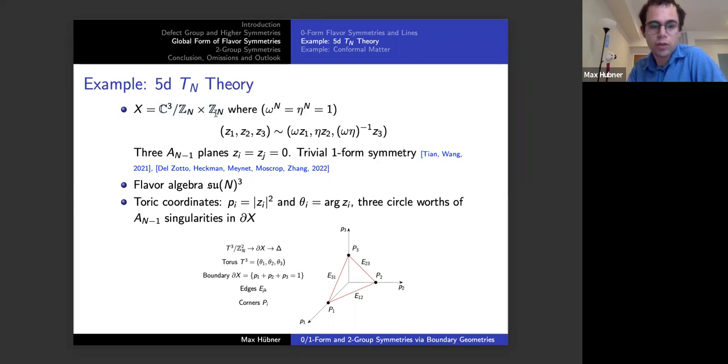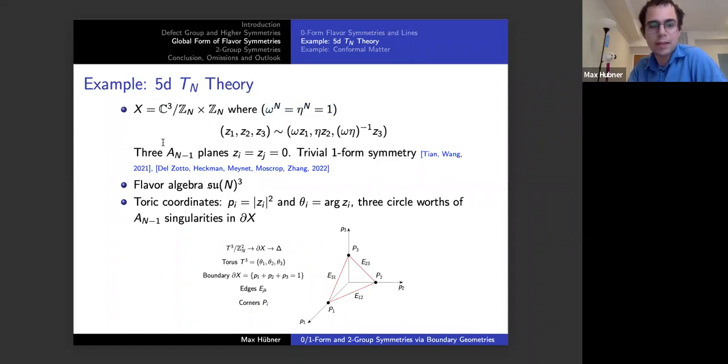We're quotienting C^3 by two copies of Z_N. Each of these acts as written out here on the three coordinates of C^3. We have a phase rotation by omega on the first and third, and by eta on the second and third, and they're primitive Nth roots of unity.